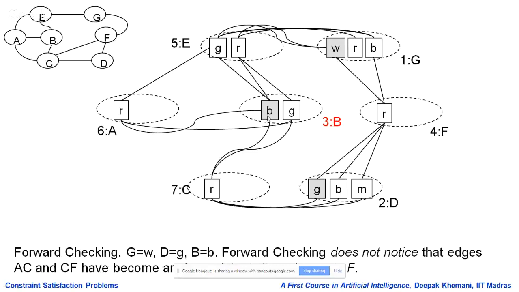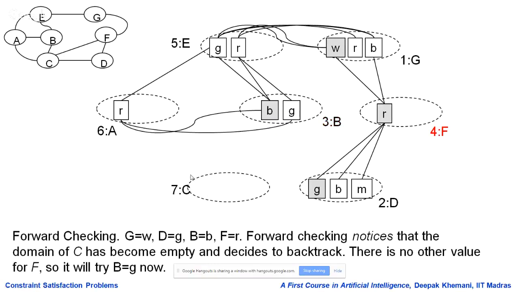Then we try a value for the variable or region B, and we choose the first available value, which is B. And as a result of which, we find that this domain of C has become empty.